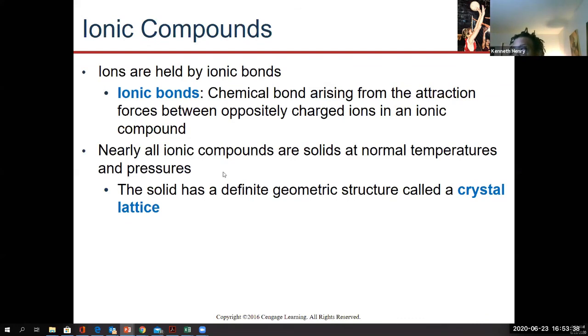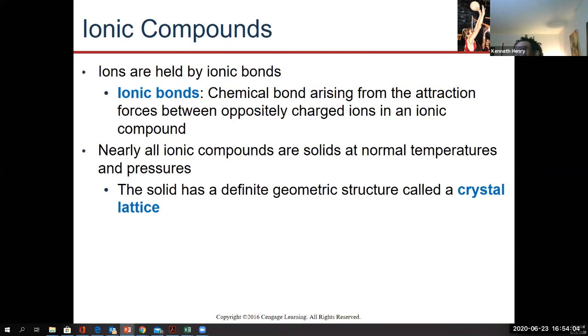Okay, so almost all ionic compounds are solids at room temperature and normal pressure. Under normal conditions, they're almost always a solid. And these solids often have a crystalline structure. They're pretty organized in how they're arranged, so they're going to form a crystalline solid in most cases.